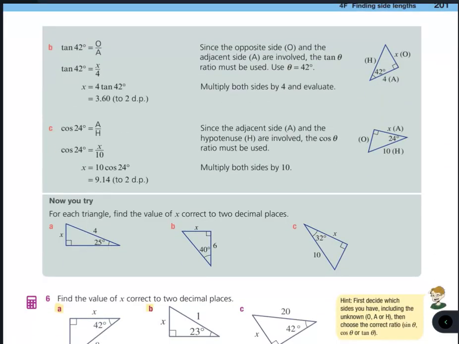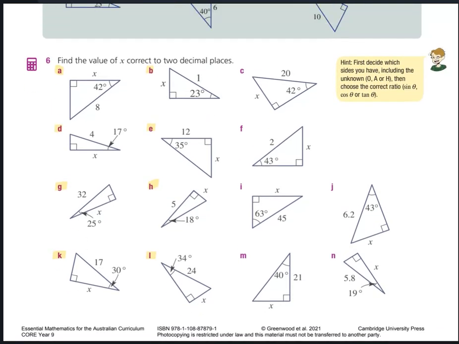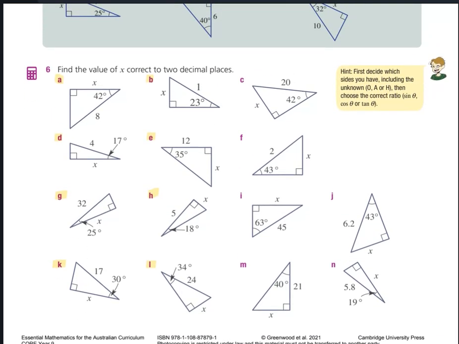And that's that done. Alright, just going to go through these and then that will be the end of this video. Find the value of x correct to 2 decimal places. You can write down O, H and A if it makes you feel better. I'd definitely like to have SOHCAHTOA nearby to always remind me what I need to do.